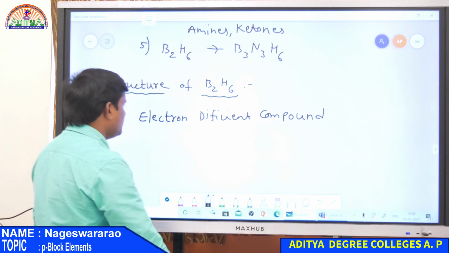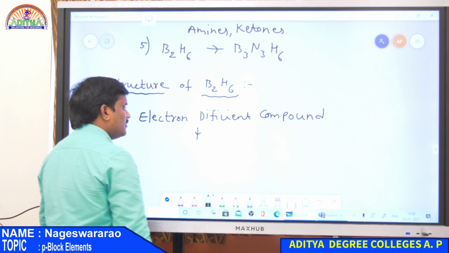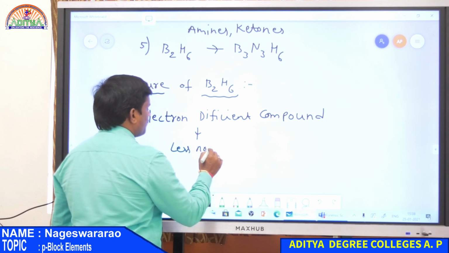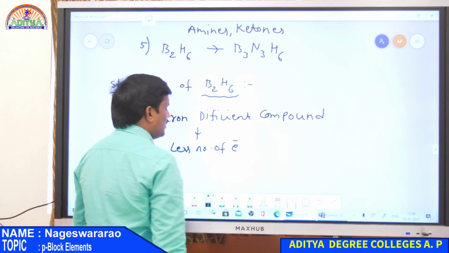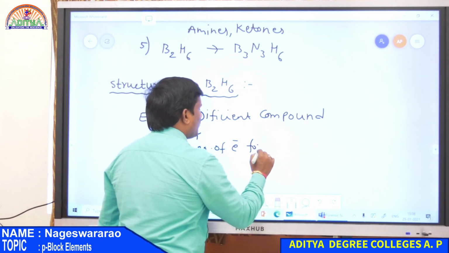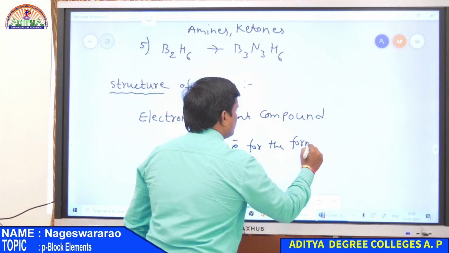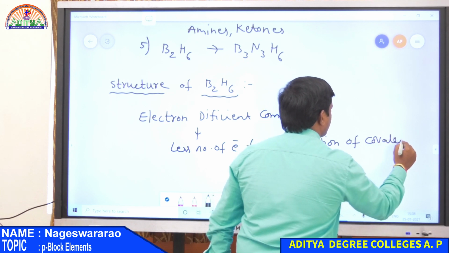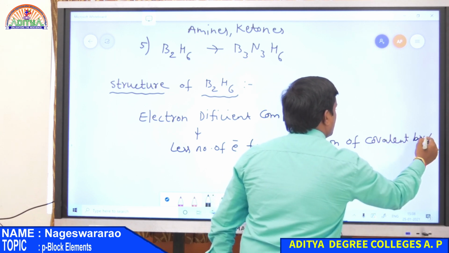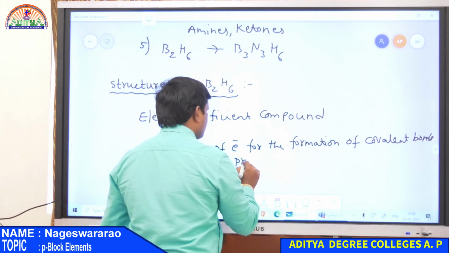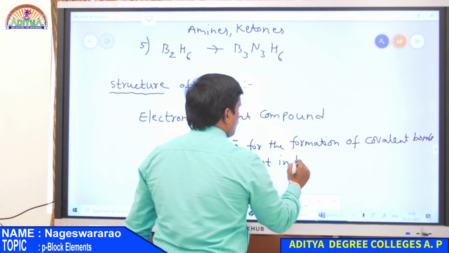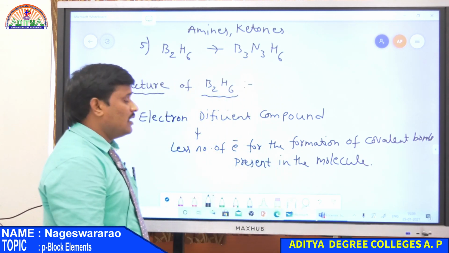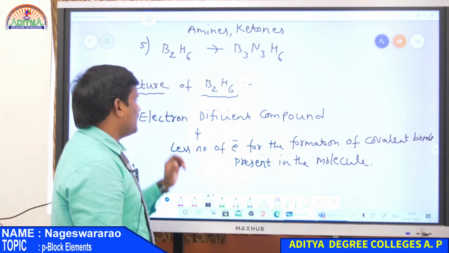Write the definition: if a compound has fewer electrons for the formation of covalent bonds present in the molecule, then that compound is known as an electron deficient compound.